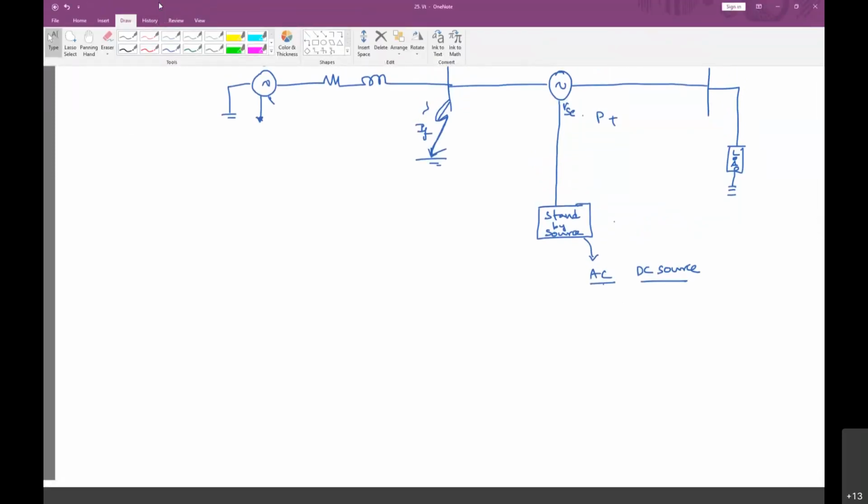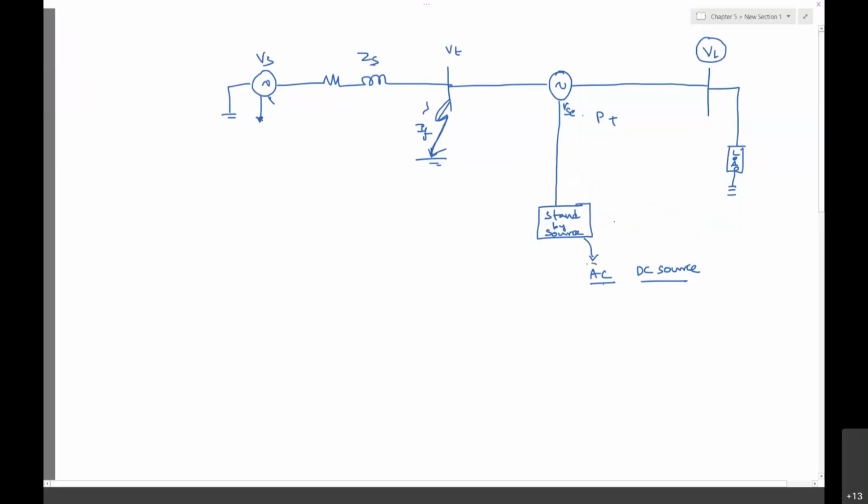Before going to that, the configuration: how to integrate the AC source to the AC system. We can make use of an AC voltage controller, or else you can go for a cycloconverter also.